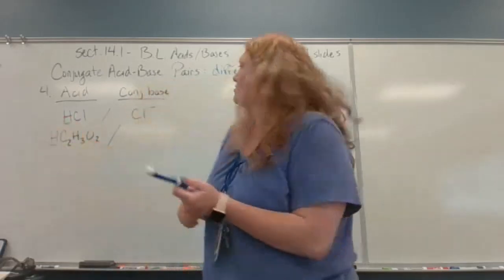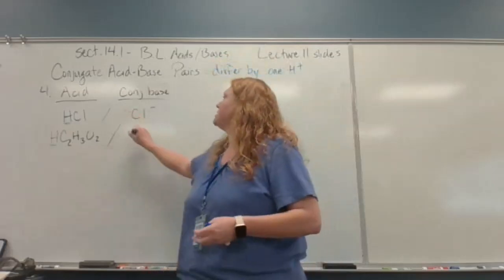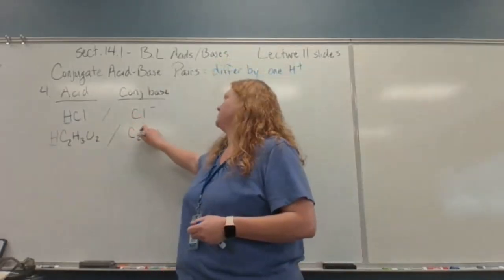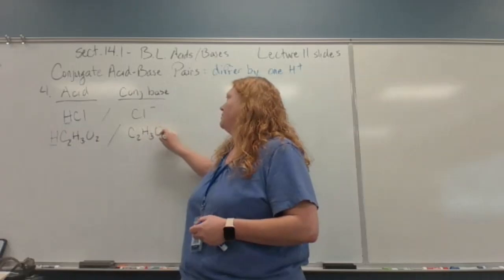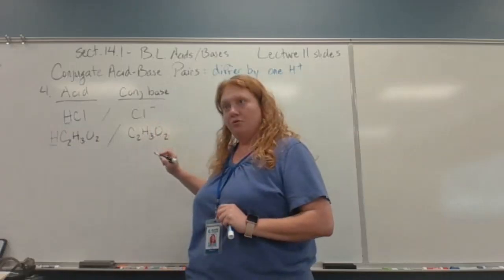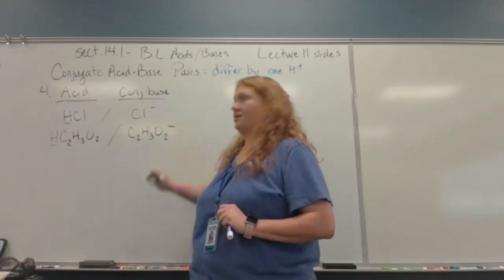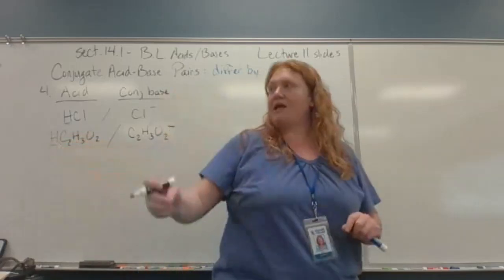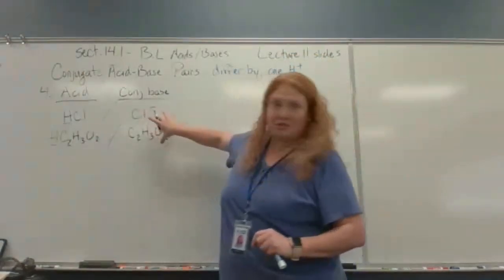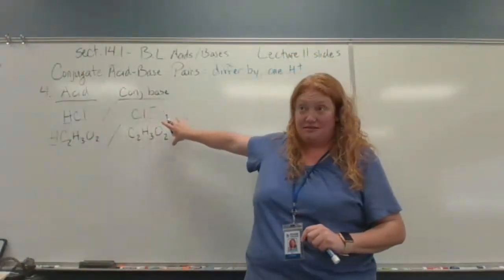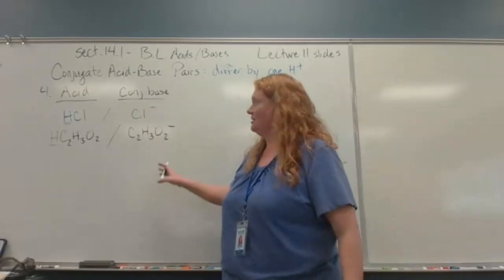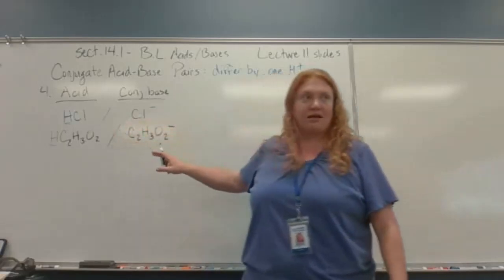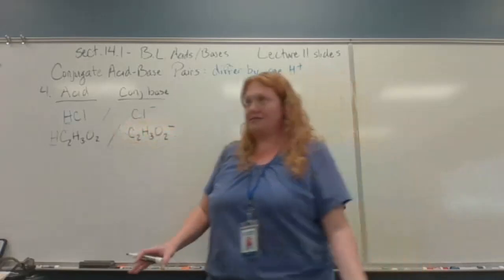Okay. So what does that leave behind? What's the conjugate base? C2H3O2 minus. When that neutral compound loses an H+, the resulting conjugate is negatively charged now. That's the polyatomic anion known as the acetate ion.